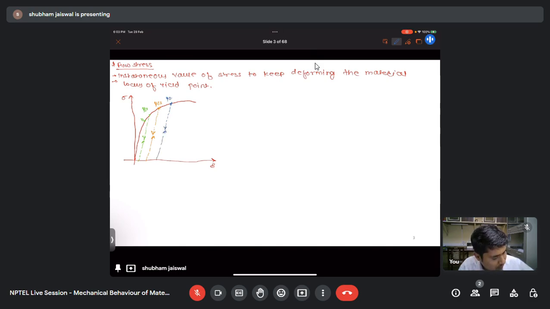This is yield strength 3. So what we have seen here is that yield strength 3 is greater than yield strength 2, which is greater than yield strength 1. So what is happening here? The strength is increasing with the deformation.